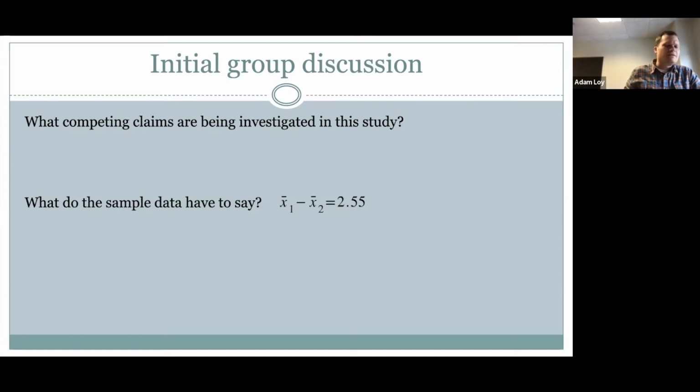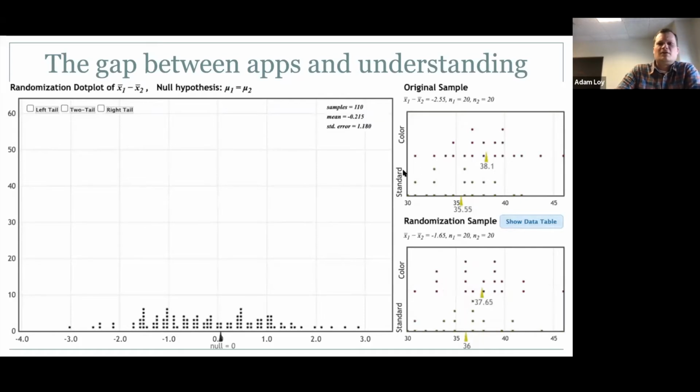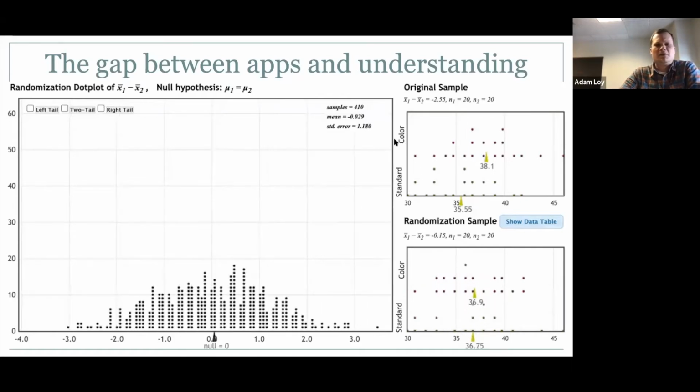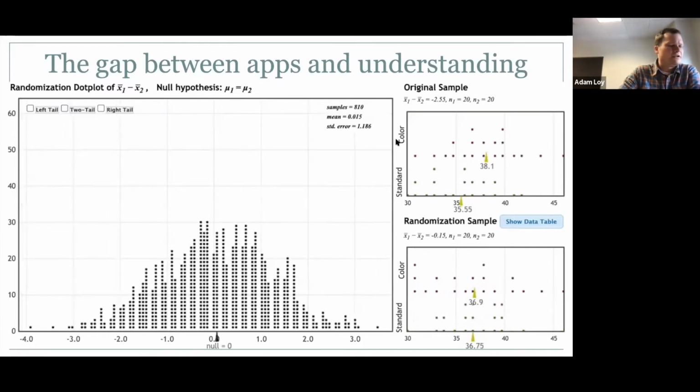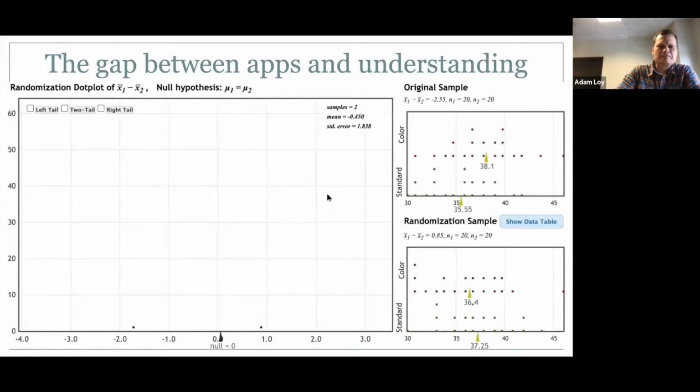And this is what I've done for a while. When I first started the simulation-based approach, I would go to something like StatKey next. We'd have our original sample up here in the top right. Of course, we'd be re-randomizing, so we're shuffling those standard and color distractor labels. Then we're talking through randomization sampling, and we're building up this randomization distribution.